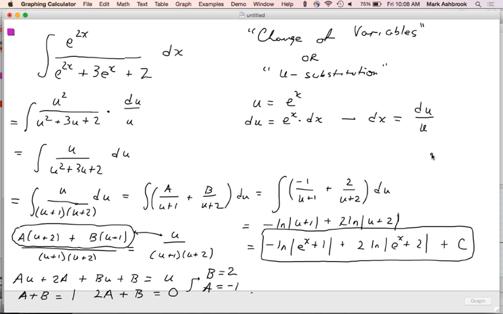There's nothing more to think about in terms of the antiderivative. All you have to do now is substitute back in. Anywhere there's a u, it's e to the x. So if you're still not convinced, then take the derivative of this to get the original; there might be a little algebra involved. But if you take the derivative of this, you should get exactly what we started with.